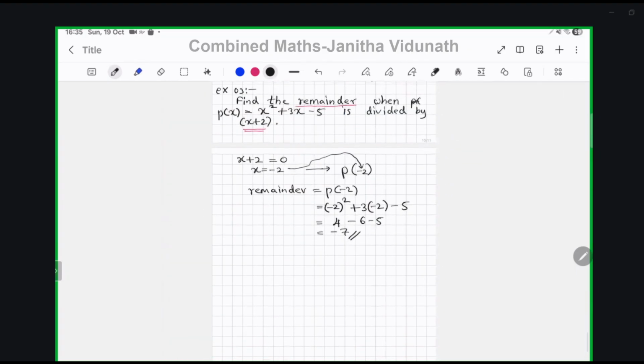First write down those things, and here I will give another set of questions. Please try these on your own and send me the answers. First question is, find the remainder.